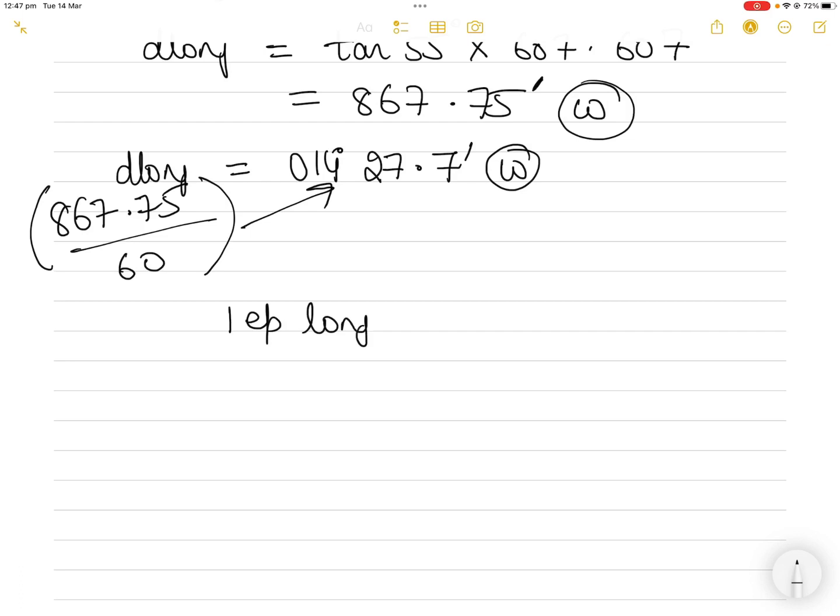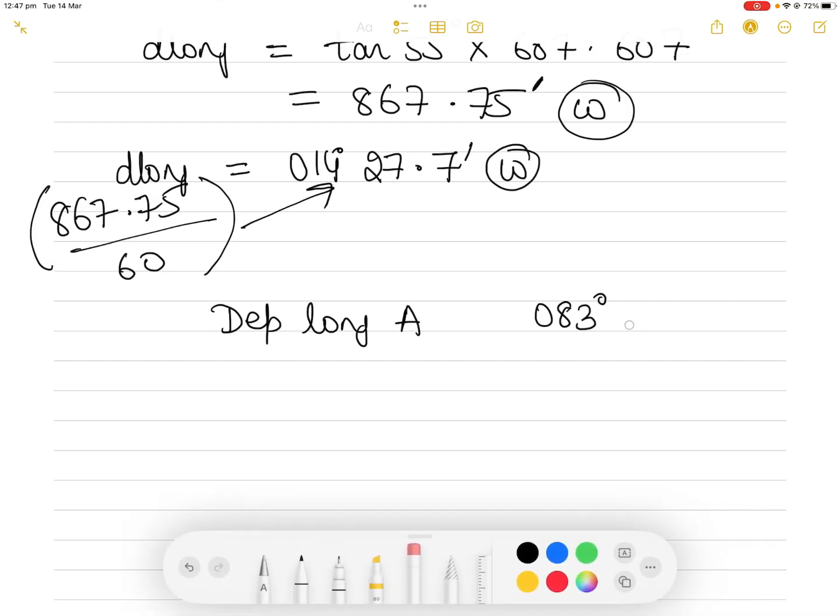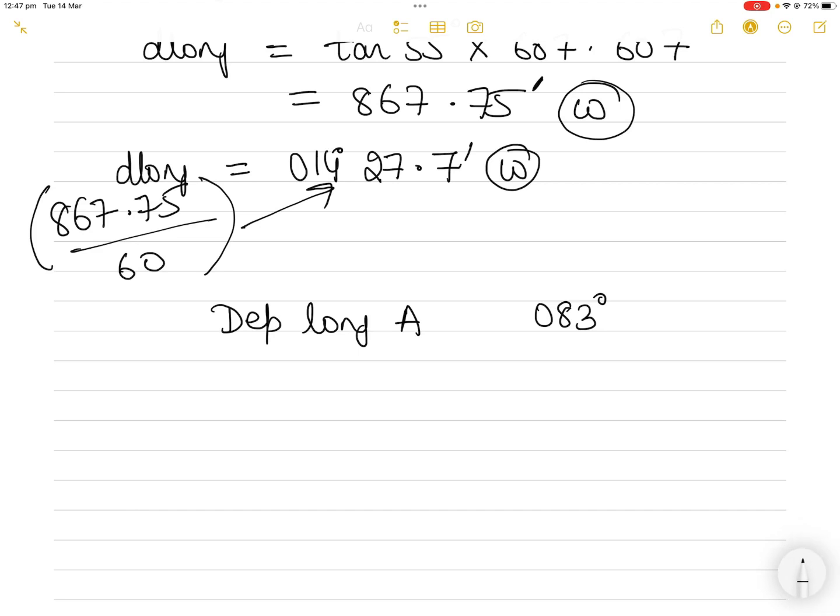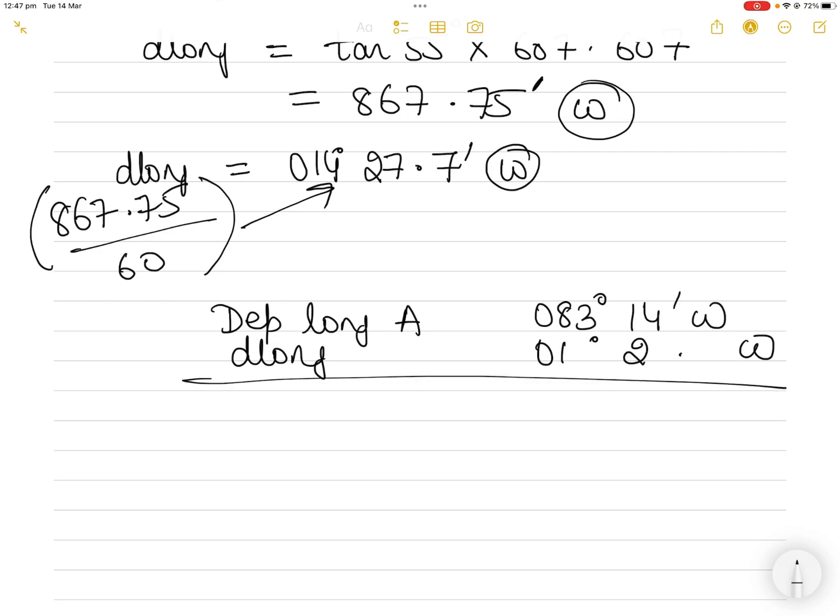So your departure longitude, as given in the question, longitude A was 83 degrees 14 minutes. Whenever I rush, this happens. And then D long is 014 degrees 27.7 minutes, again west.